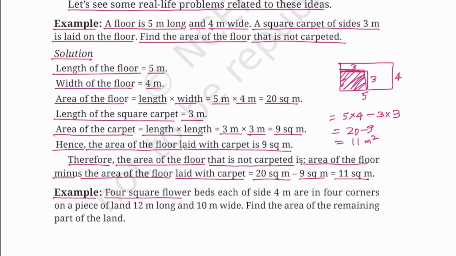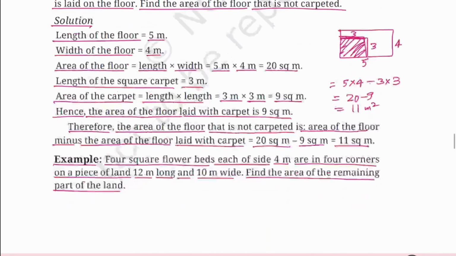Example: 4 square flower beds, each of side 4 meter, are in 4 corners on a piece of land 12 meter long and 10 meter wide. Find the area of the remaining part of the land.